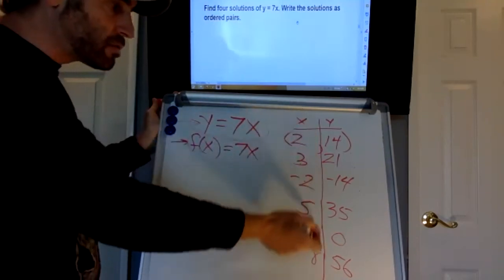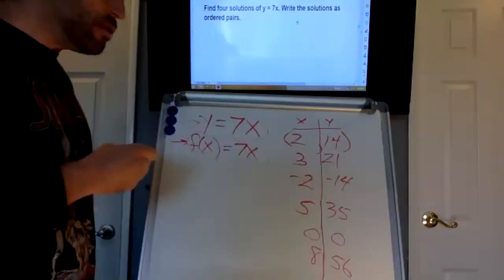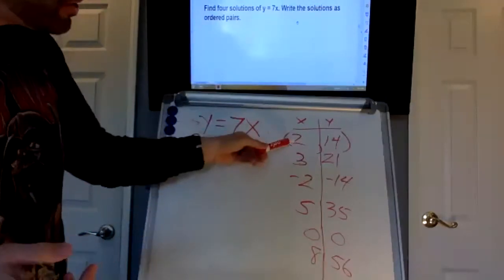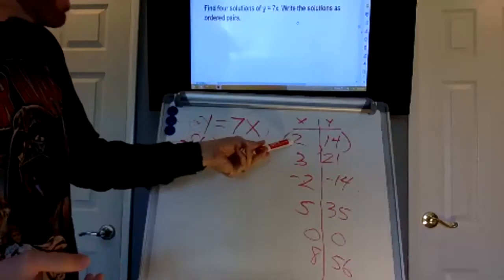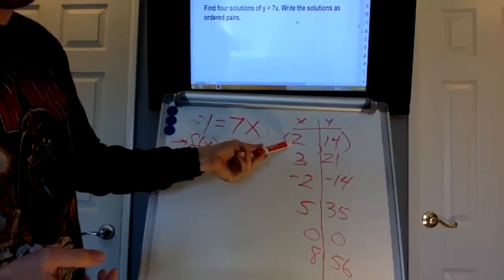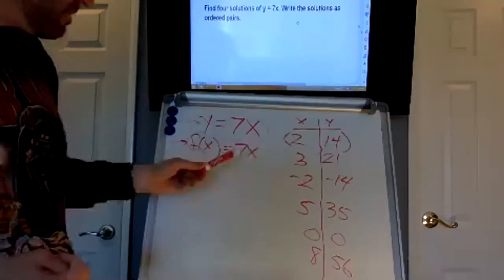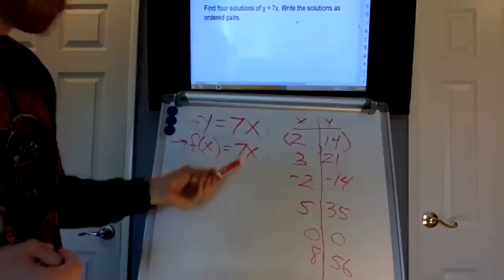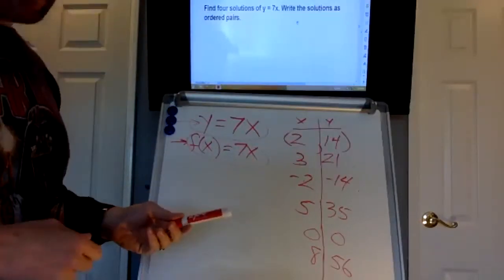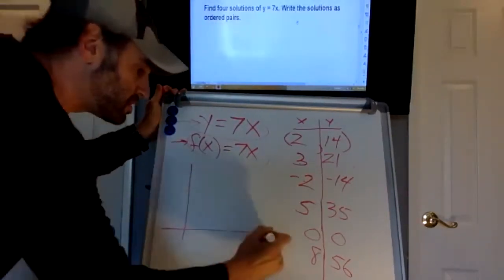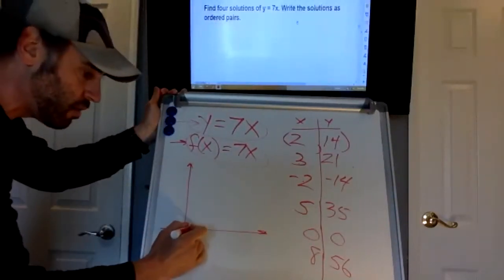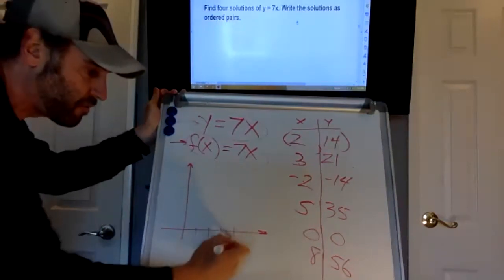You can make up your own table. And the great thing is you get to choose where you want to see the graph. What if I want to see what it looks like at x is 1,000,000? Then plug in 1,000,000. What's 7 times 1,000,000? 7 million. So if you wanted to graph that, I can still graph it even though the numbers are large. But I have to go 1 million, 2 million, 3 million, 4 million, 5 million.